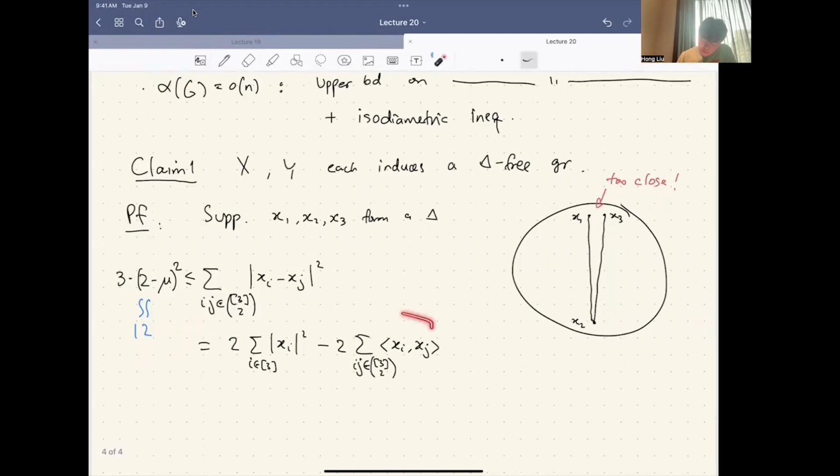Now let's get rid of this cross term and make it into a quadratic term by noticing that x1 plus x2 plus x3 squared equals the sum of xi squared plus 2 times the sum of xi xj, right?